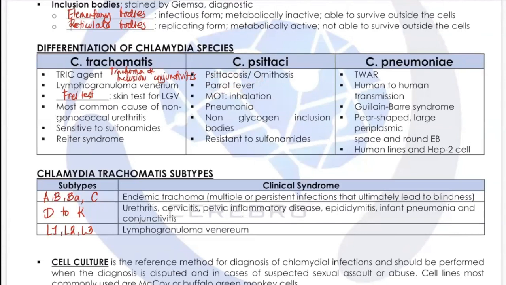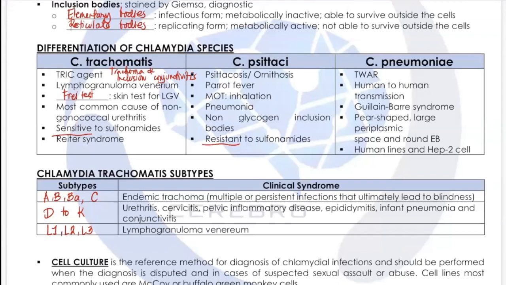Guys, take note that the mode of transmission is inhalation, thus the manifestation is pneumonia. Okay, it has non-glycogen inclusion bodies, and if trachomatis is sensitive to sulfonamides, psittaci is resistant to sulfonamides.